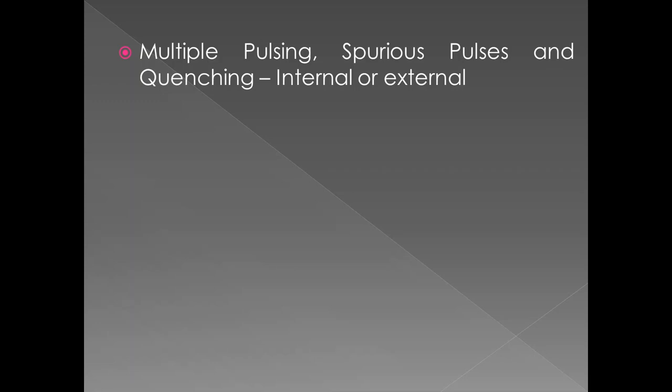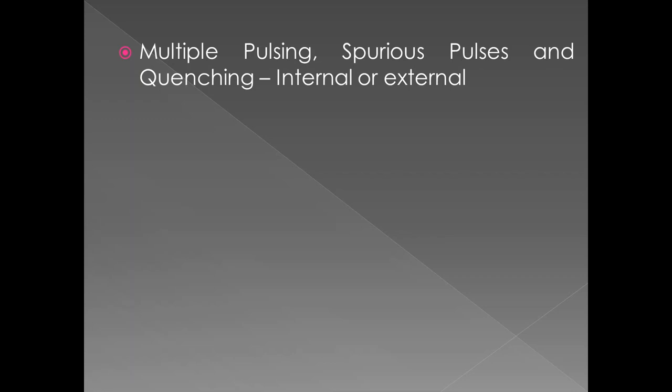And these photons trigger an avalanche. If this happens, multiple pulsing occurs, or these are spurious pulses. A particle entering this chamber triggers a pulse, but then the ions being neutralized at the cathode can also trigger a pulse. So these spurious pulses need to be avoided.